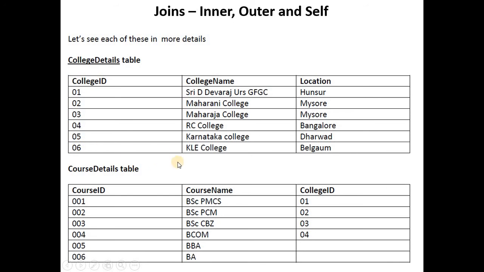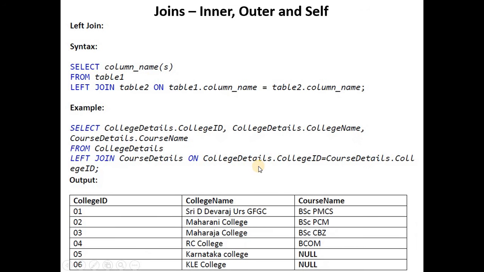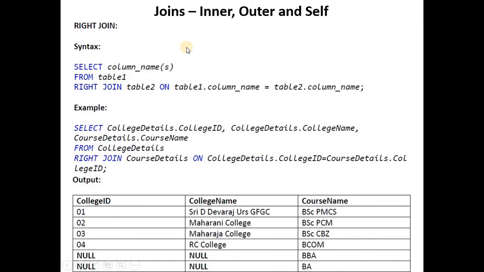To put all the values here and only matching values from here, only 4 are matching here. So in that we are displaying course name only. So these 4 and the remaining for this, it will be null because there are no matching college ID. Hope it's clear.